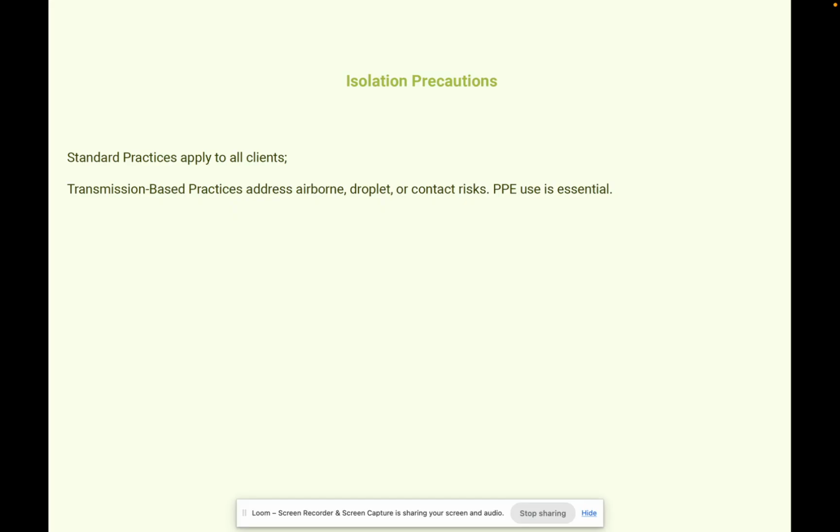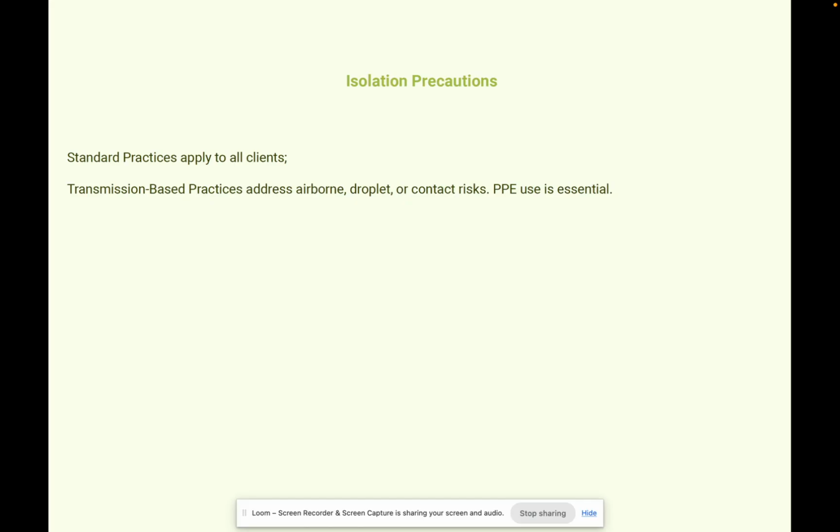We have what we call isolation precautions as well. In a healthcare setting, especially in a long-term care facility, if your client has symptoms of coughing, diarrhea, or anything like that, we isolate them in their room, right? Until a result comes out, for example lab tests, so they need to be isolated. We have standard practices that apply to all clients, based on the company policy that you will be working with.